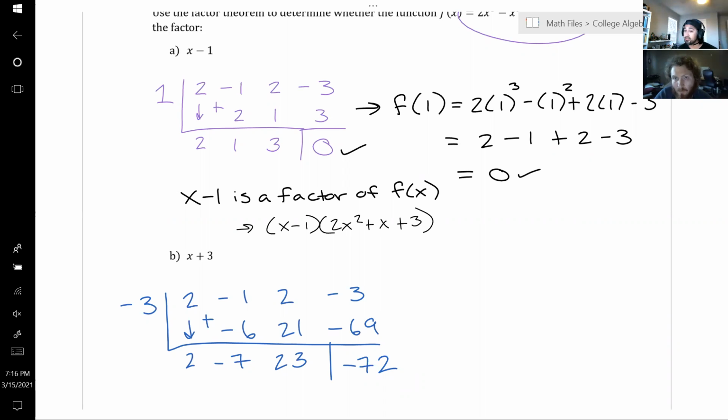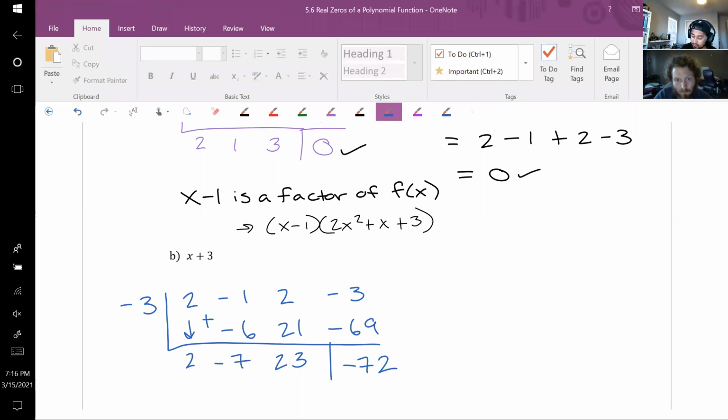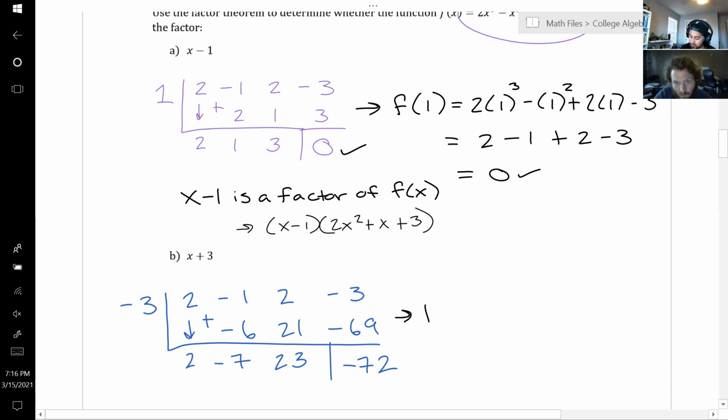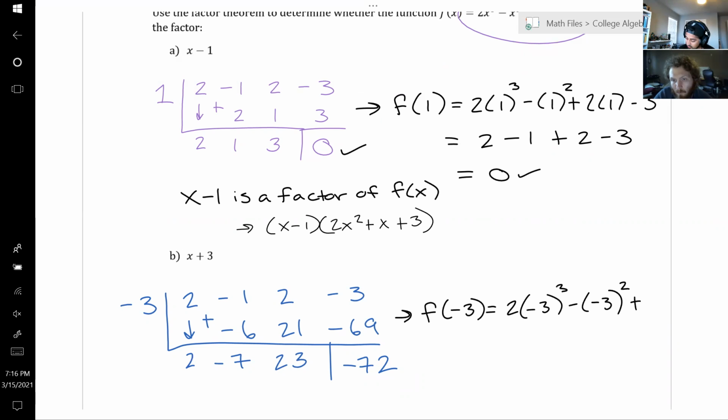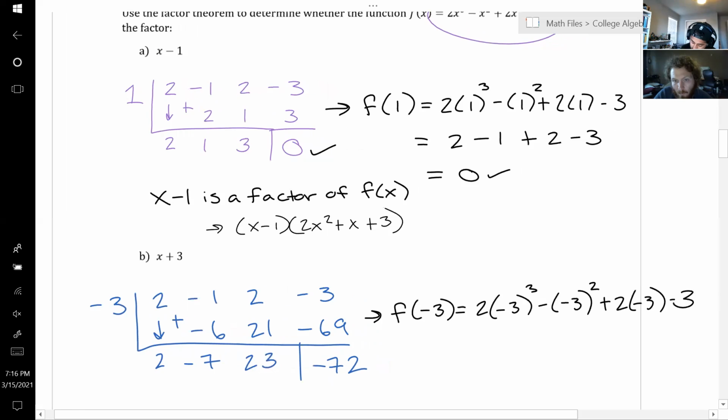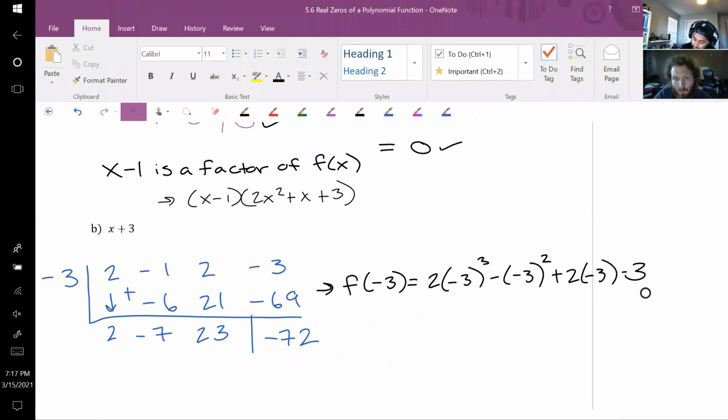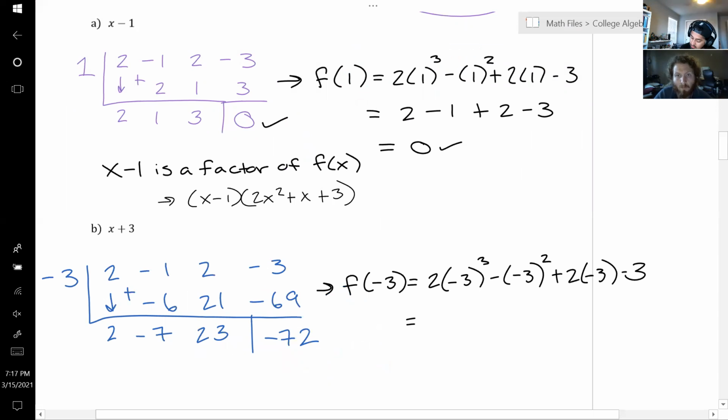We get a remainder of -72, which is telling us that x plus 3 is not a factor of f of x. But of course, we can definitely double check it, because that's what the factor theorem's about. We can check our work. All right, what's that? -27.